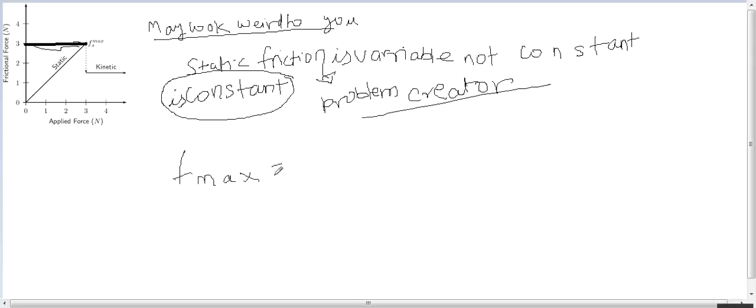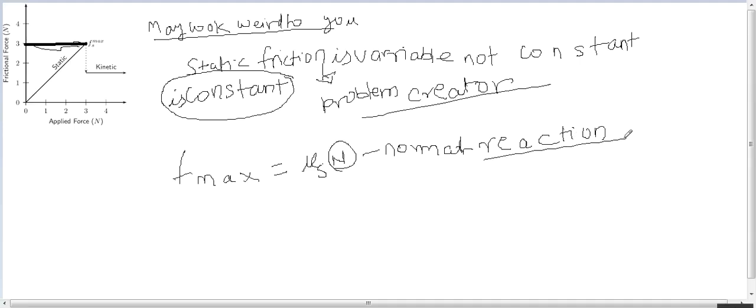F maximum is mu static into N. What is the N here? Normal reaction. So this is the normal reaction.